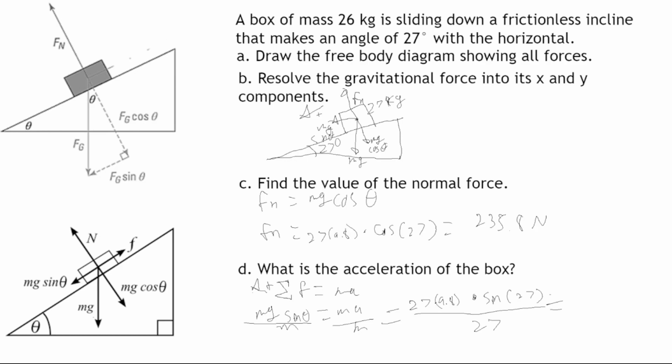Doing the math, 264.6 is mg, and we multiply that by sine of 27 to get about 120. Once you divide that value by 27, we find that our acceleration is about 4.45 meters per second squared.